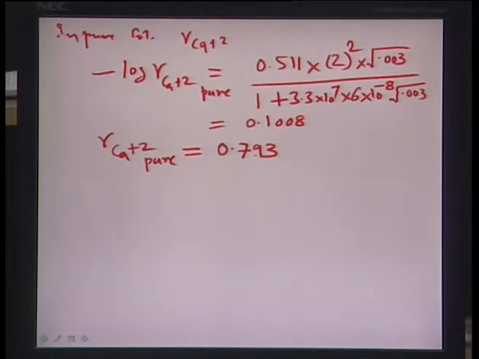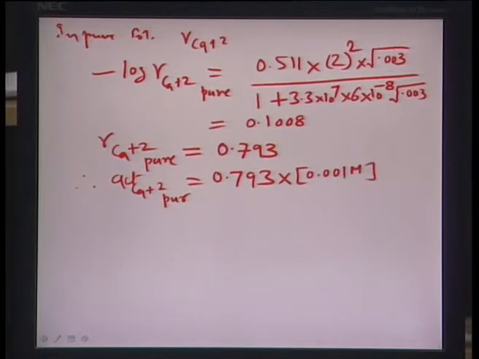So, in pure solution, if we see what is the ionic activity of the calcium 2+ ions, the Ai value for the Eisenman equation comes out to be equal to act Ca²⁺ pure, the gamma Ca²⁺ pure times the concentration, in this case 0.001 molar.